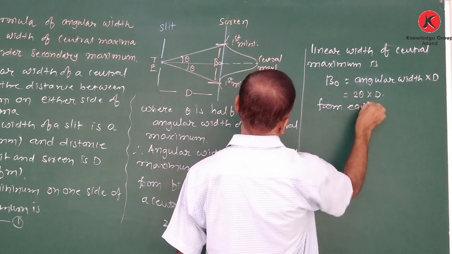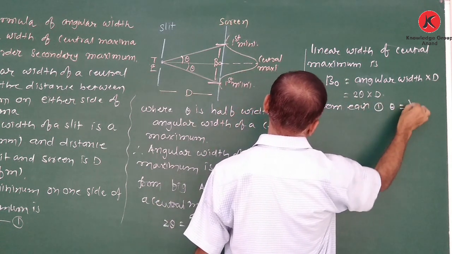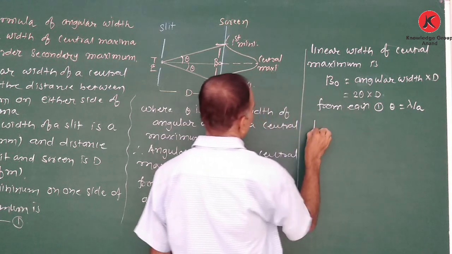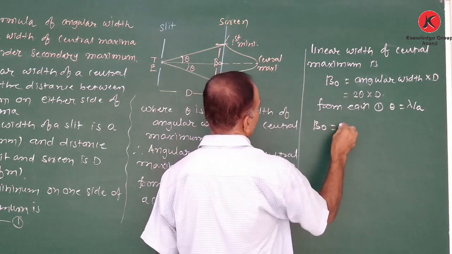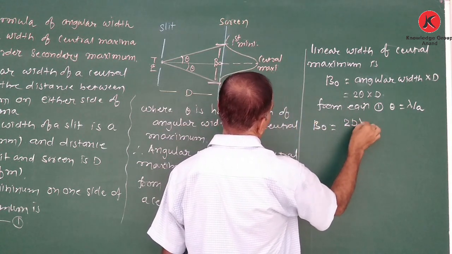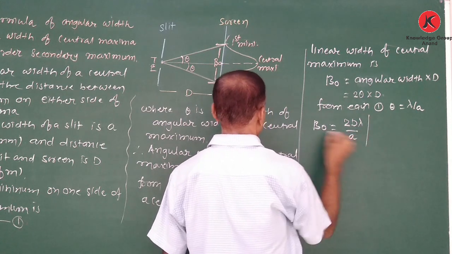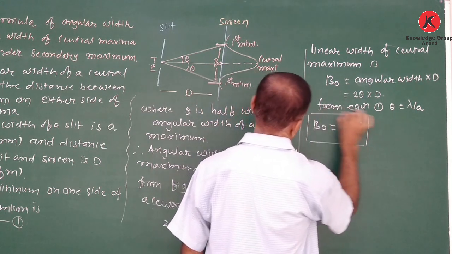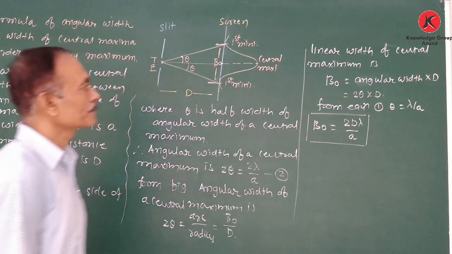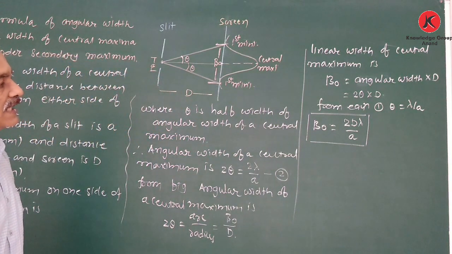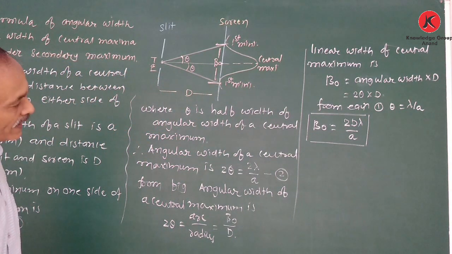From equation 1, theta is equal to lambda upon a. Therefore, beta 0 is equal to 2 D lambda upon a, which is the linear width of the central maximum.